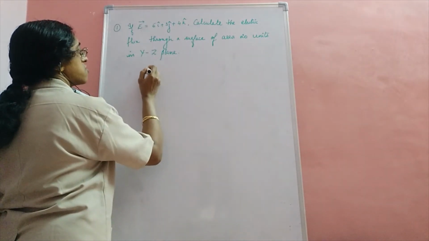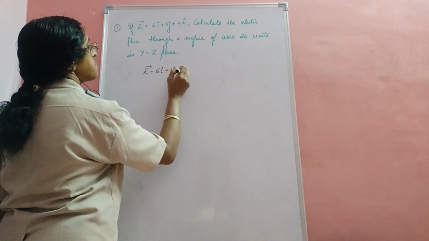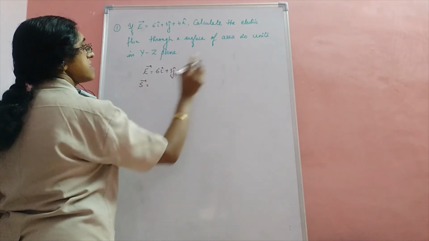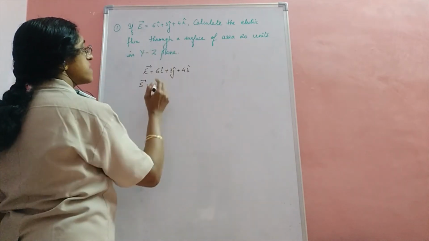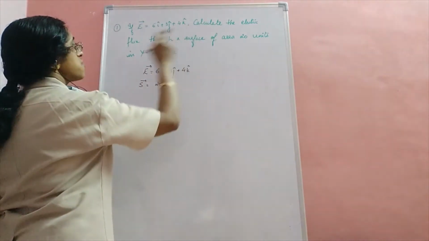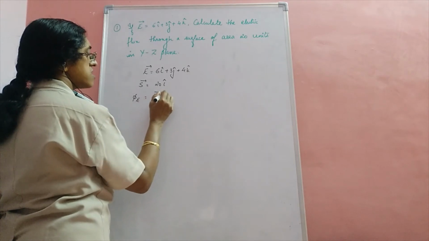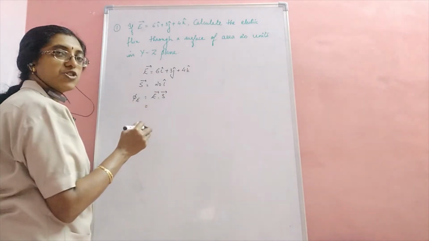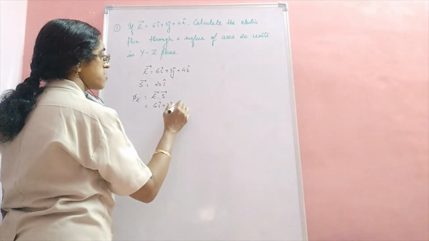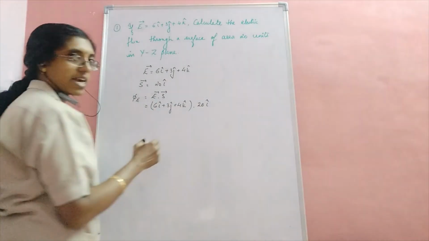Now, moving on to the solution, E vector is equal to 6i cap plus 3j cap plus 4k cap. Now, S vector I could take as its area of 20 units in the YZ plane, so it would be 20 i cap. Now, as we need to find the electric flux, flux phi E is equal to E vector dot S vector. Substituting the values, it would be 6i cap plus 3j cap plus 4k cap dot 20 i cap.